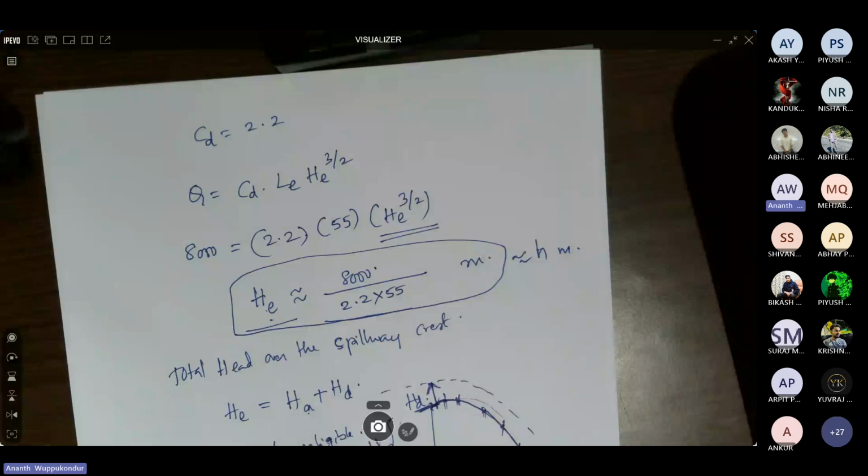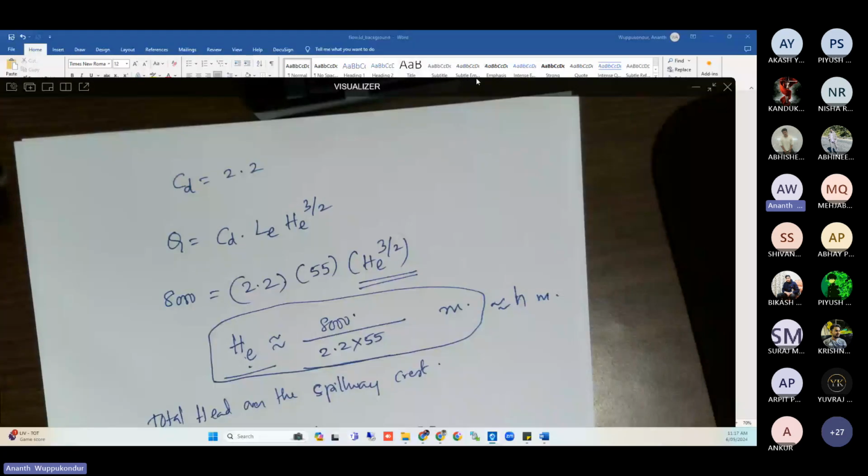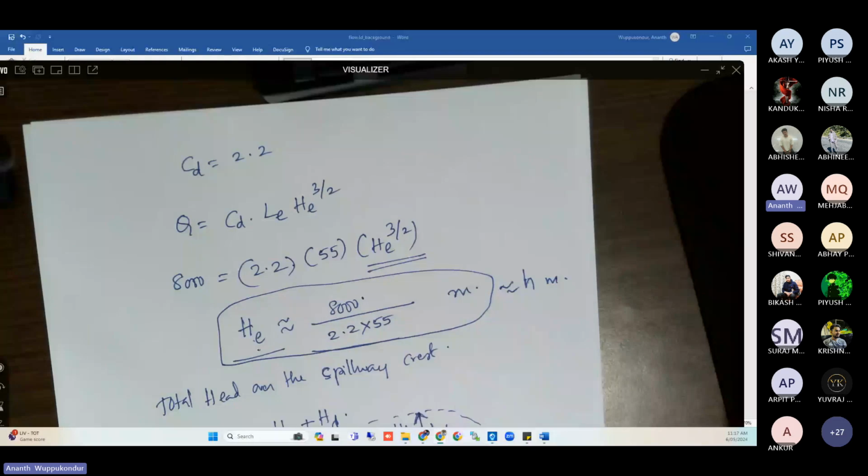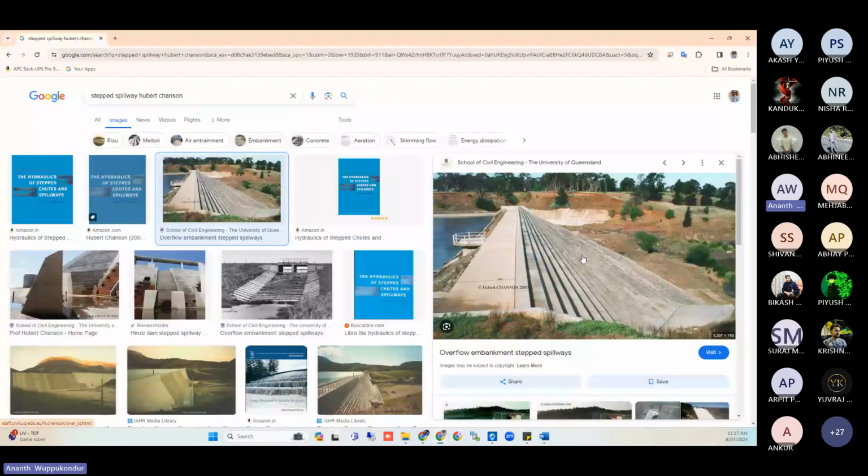Now, in the last class, I discussed different types of spillways, but I forgot to show you one more kind of spillway, which is a stepped spillway. These stepped spillways are mostly used in Australia, where they want to dissipate energy as the flow is going down the spillway.